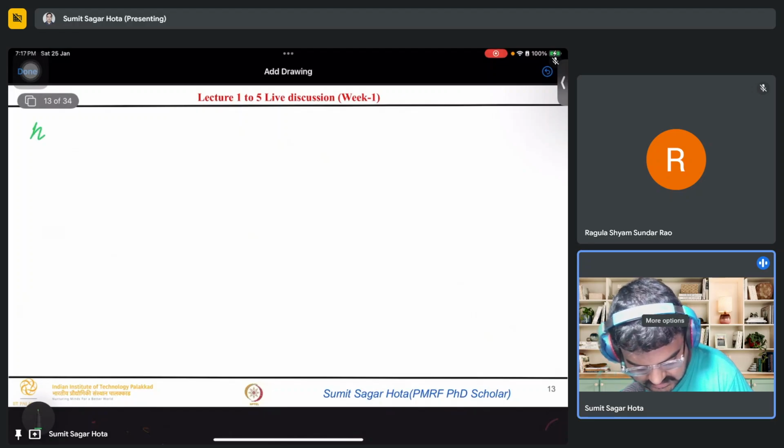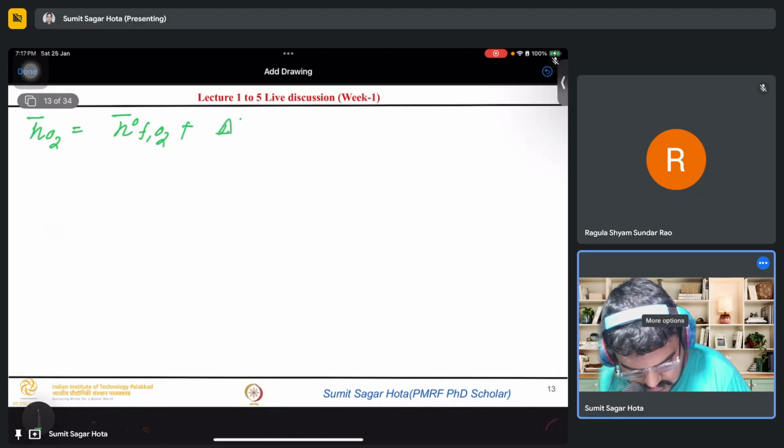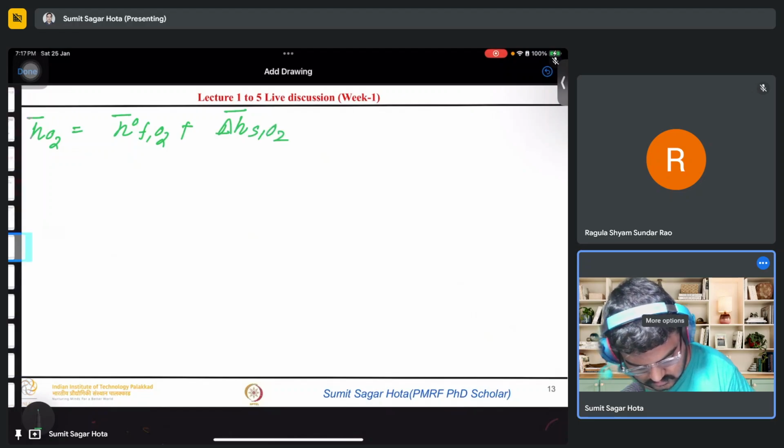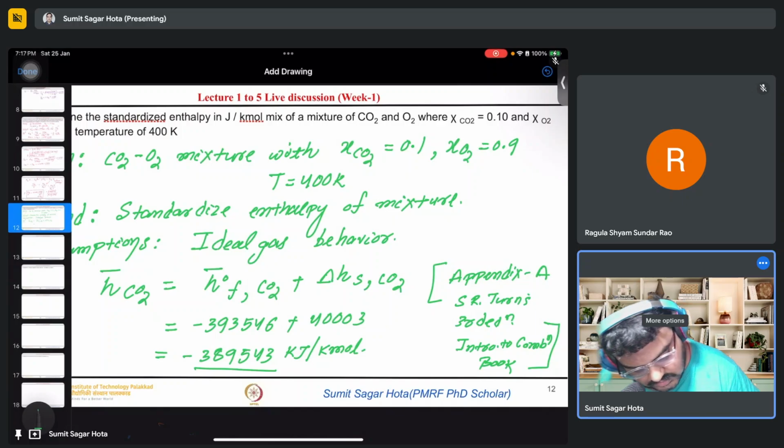Now the standardized enthalpy for O2, the enthalpy of formation of O2, will be h bar. Bar means per mole basis or per kilomole basis.